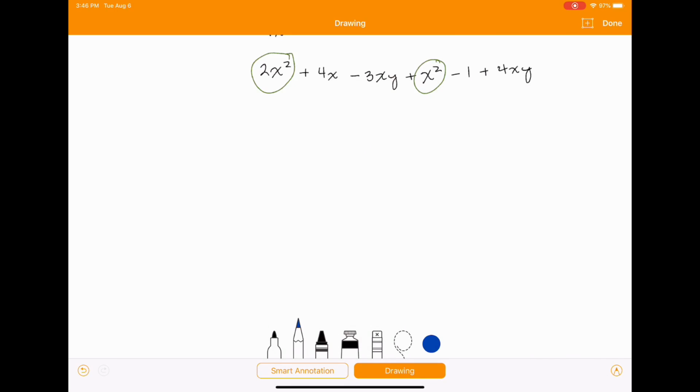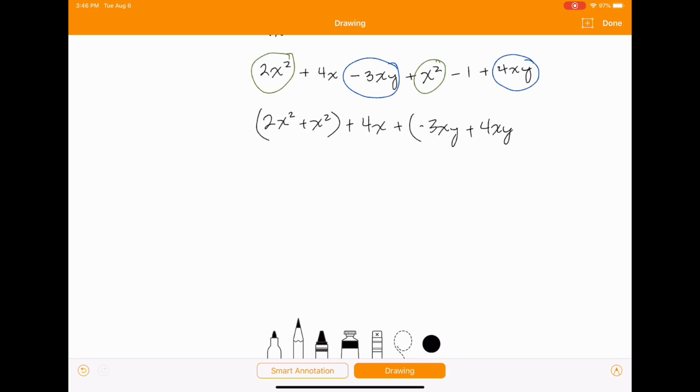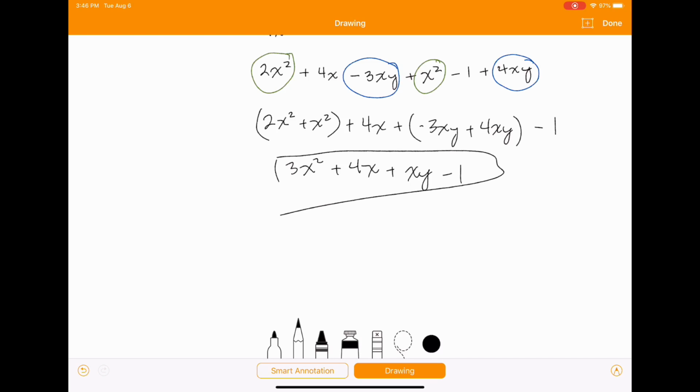And you could also combine this 4xy and this negative 3xy. So you would end up with 2x squared plus x squared plus 4x plus negative 3xy plus 4xy minus 1. So you'd end up with 3x squared plus 4x plus xy minus 1. And that would be your simplified form of that expression.